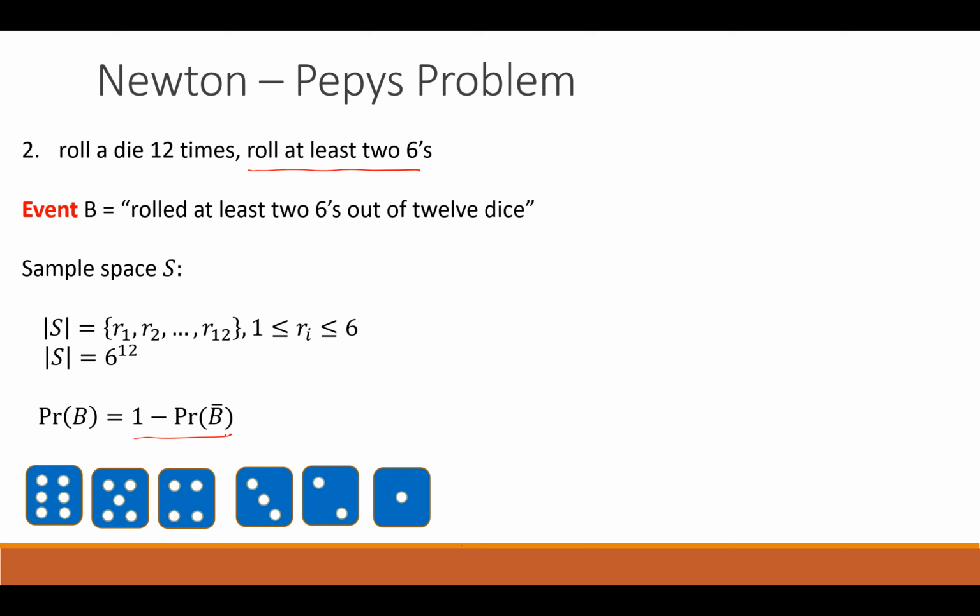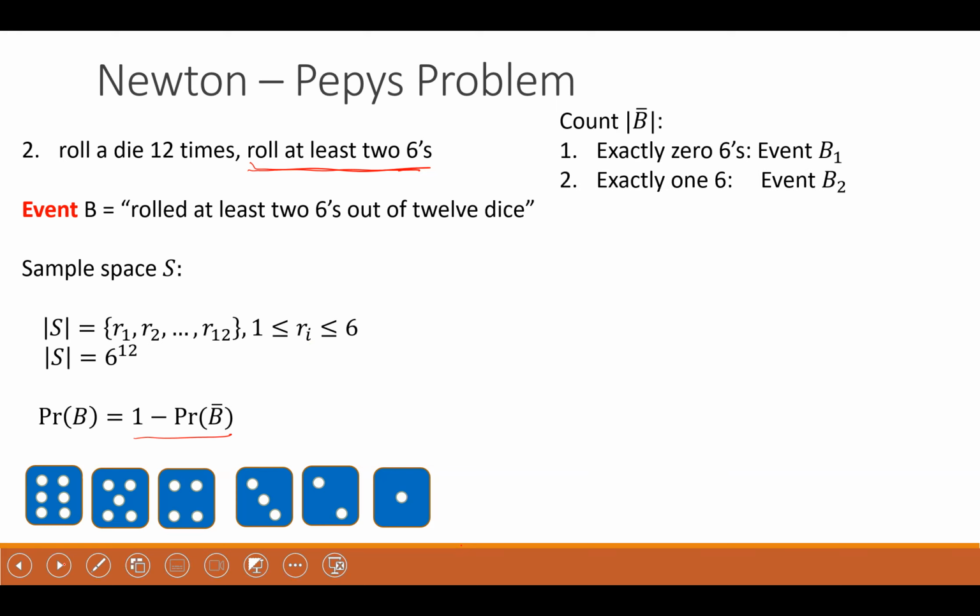So the complement of rolling at least 2 6s on 12 dice, well, I can break that into 2 separate events. Event B1, I roll exactly 0 6s on my 12 dice. And event B2, I roll exactly 1 6 on my 12 dice.